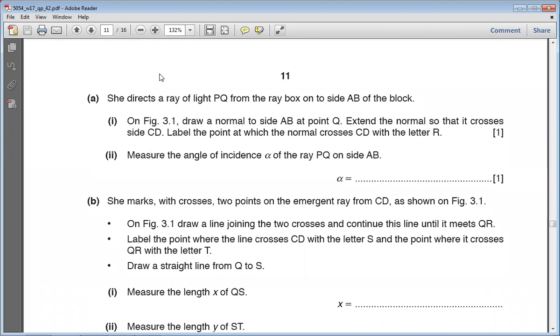She directs a ray of light PQ from the ray box onto the side AB of the block. On figure 3.1, draw the normal to the side AB at the point Q. Extend the normal so that it crosses the side CD. Label the point at which the normal crosses CD with the letter R.